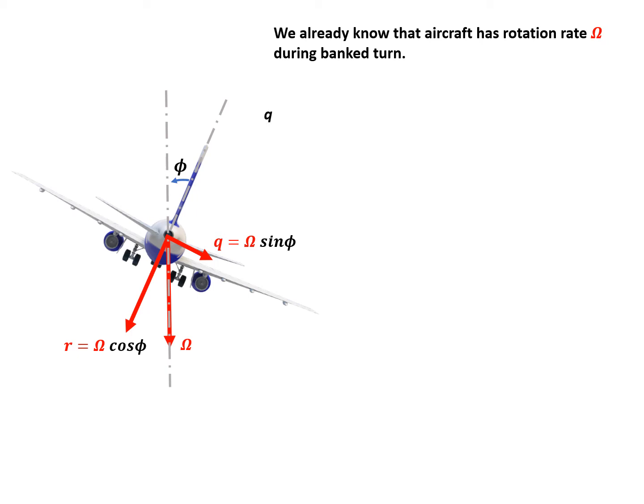For Q, we take out the right hand, and the sum of your right hand points aligned with the arrow of Q. This Q rotational rate is relevant to a nose-up pitch, and in that case, we need a downward movement of the elevator, or the elevator deflects downward. Similarly, we look at R and the yawing rate.